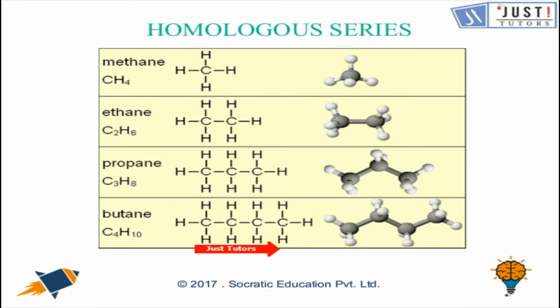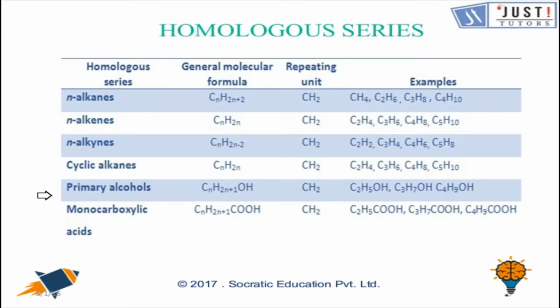So we have discussed alcohols, and we have discussed the normal alkane series. This rule applies to all: alkanes, alkenes, alkynes, cyclic alkenes, alcohols, which we have discussed, and carboxylic acids. In all these cases, the repeating unit is CH2.